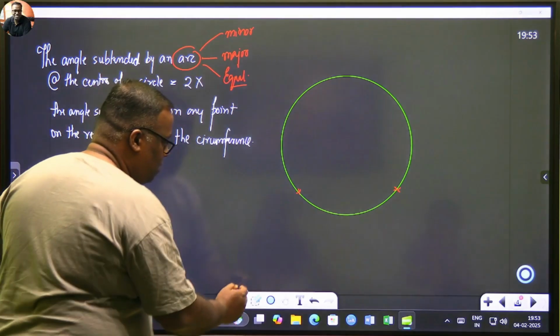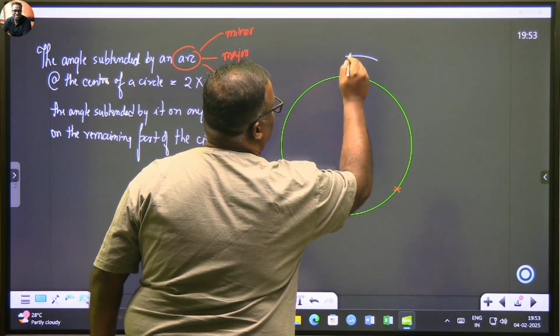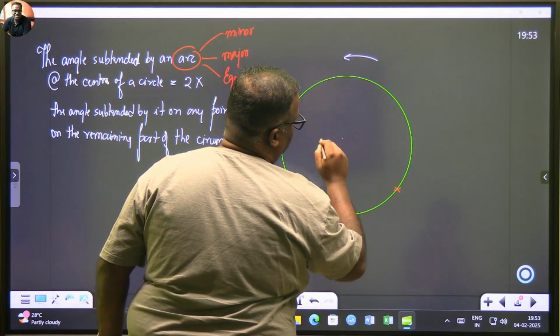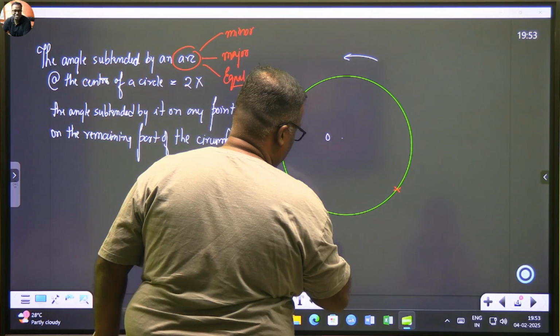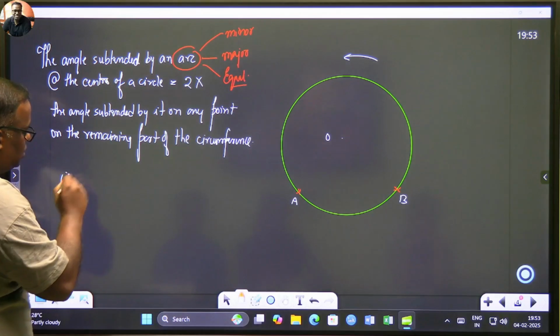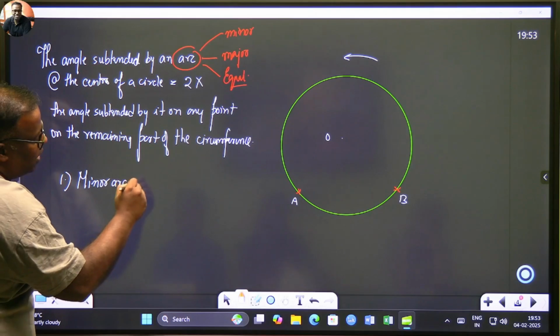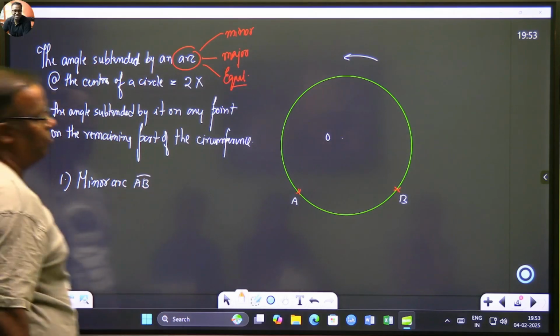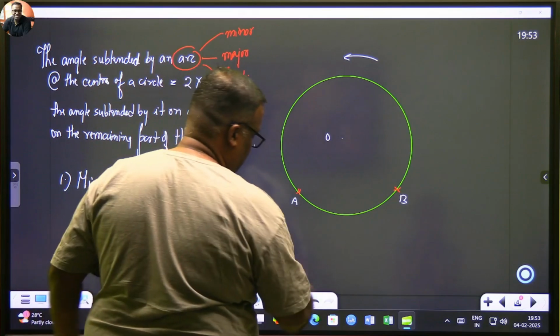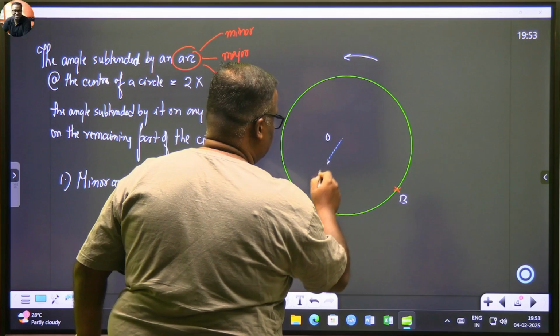Let me now name my circle. This is my center O, and this is A, and this is B. So our first criteria, children, is for the minor arc AB. And let's see what angle this arc is subtending at the center.